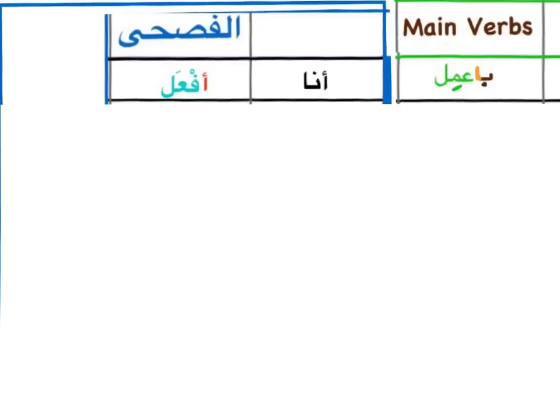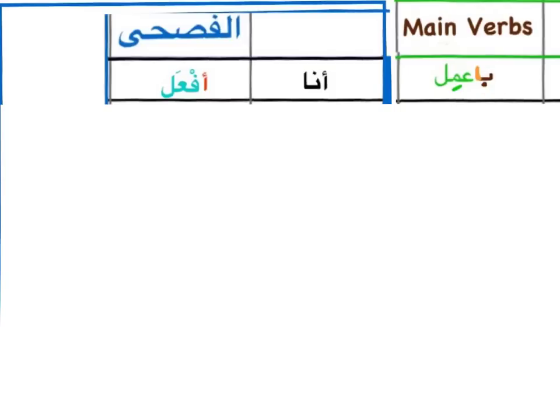Now let's look at the difference in conjugating between the verbs in Fusha and the verbs in Amiyya, and specifically main verbs in Masri. So as you can see, أنا, the subject pronoun I, أنا أفعل, alif, and أنا بعمل, it's the same, but without the b that indicates the main verbs.